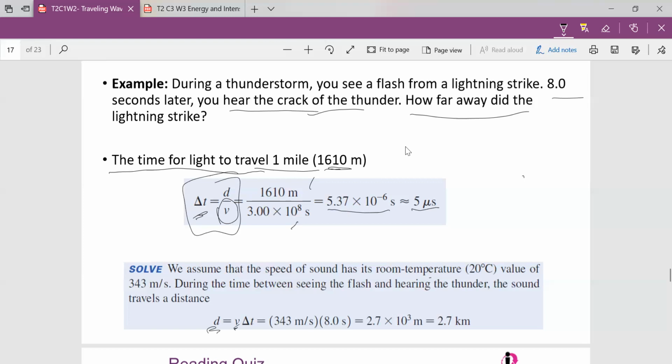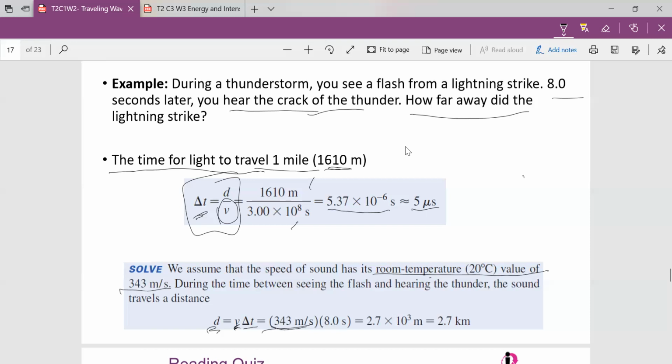We have the velocity times the time. And that is given for the velocity of air at room temperature to be 343. So we are assuming that the speed of sound at room temperature is a constant that is given as 343 meters per second.